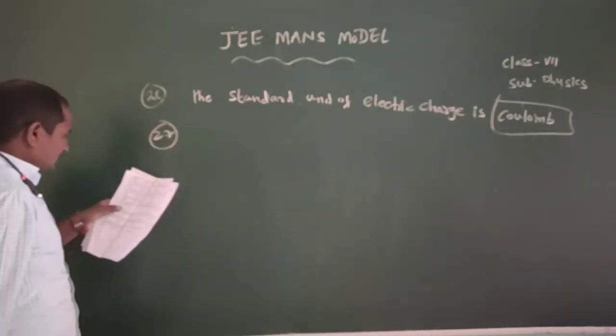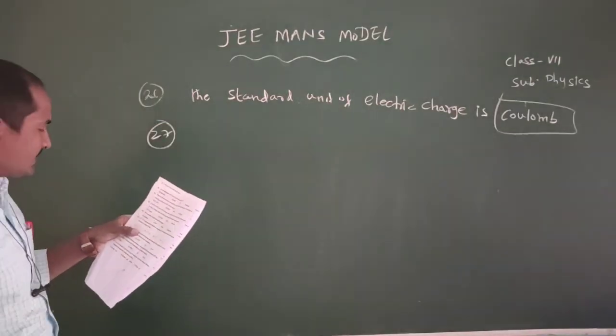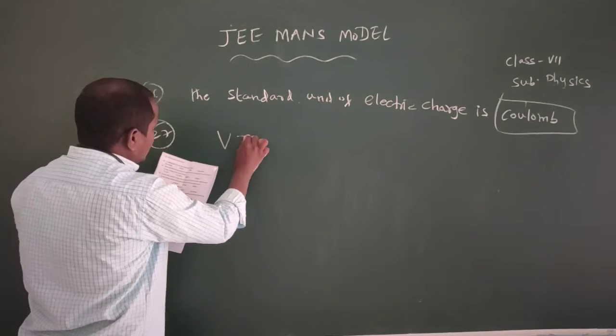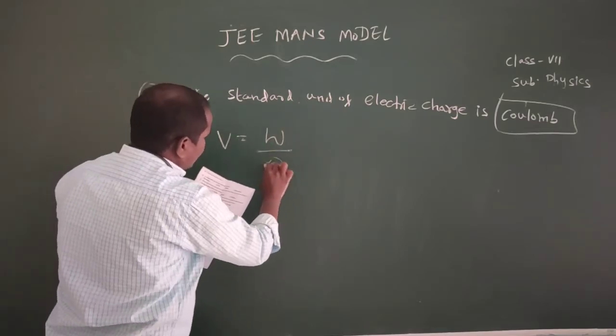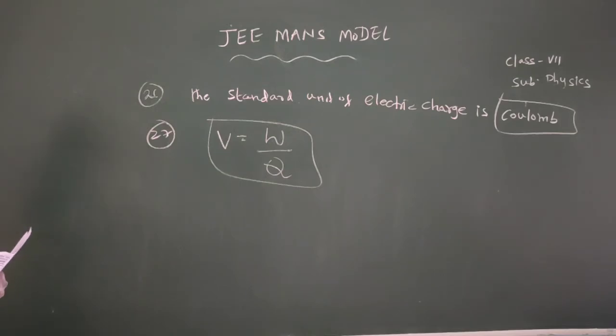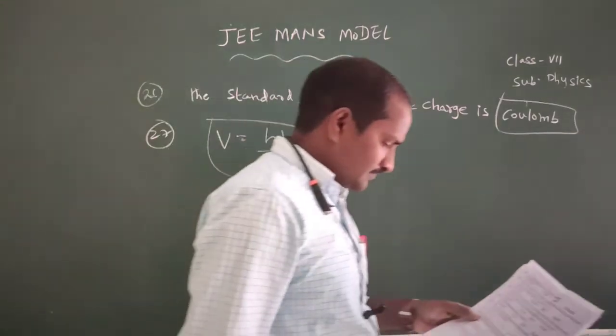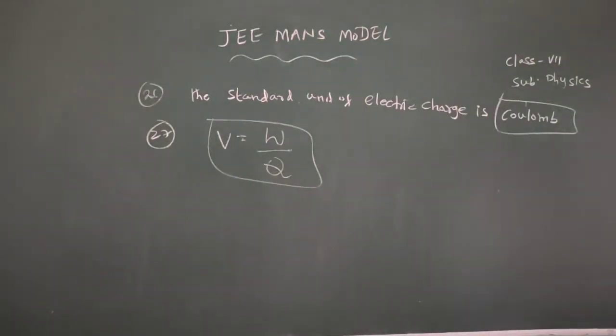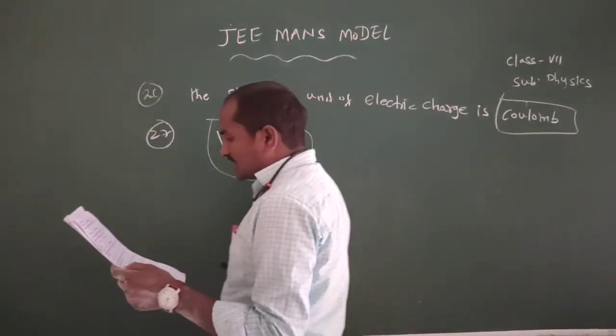Next, 27. The relation between potential difference is V equal to work done by charge. V equals work done by charge.